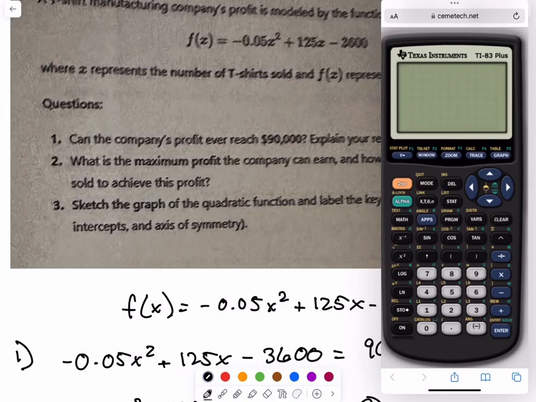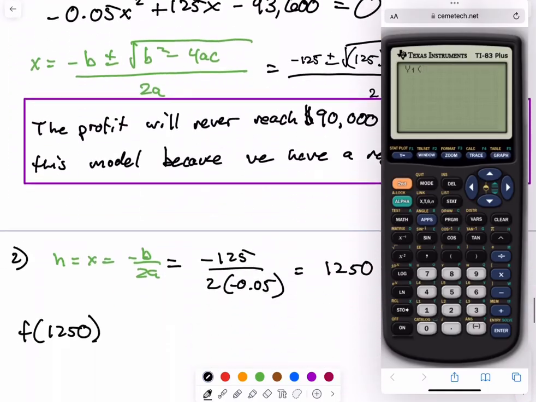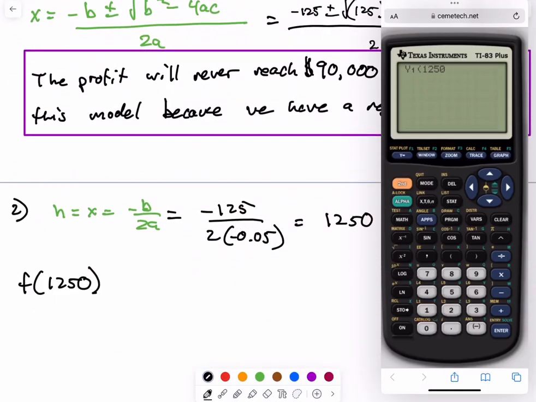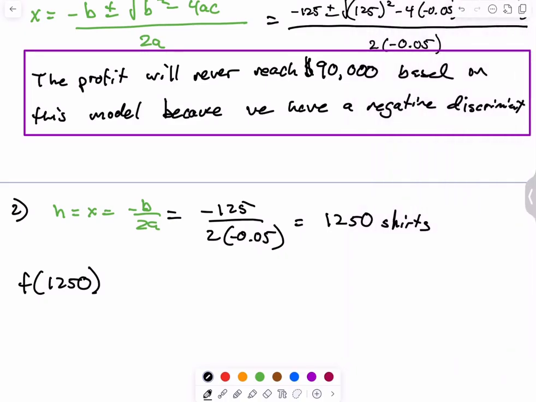We want to evaluate that function when x is, I think we got 1250. So max profit of 74,525. Which confirms what we got in the previous part, because we said, will it ever reach 90,000? We say no.